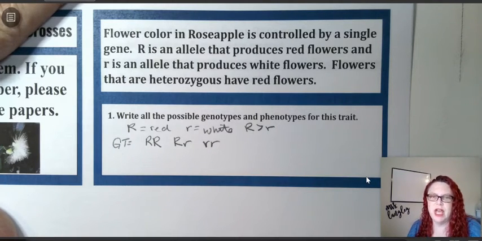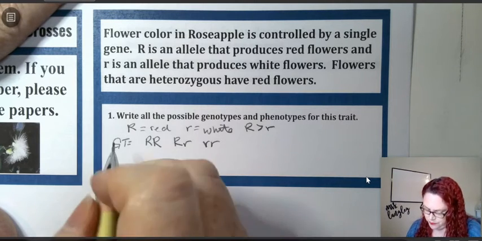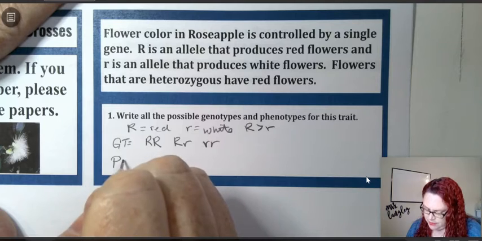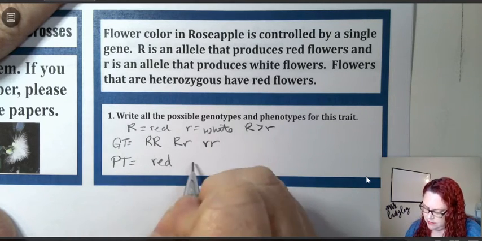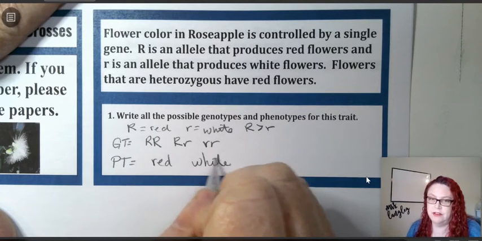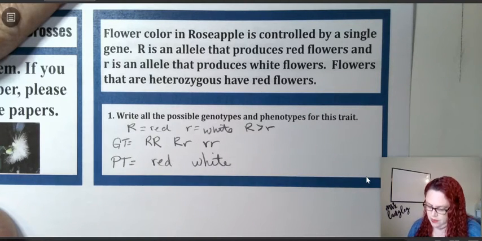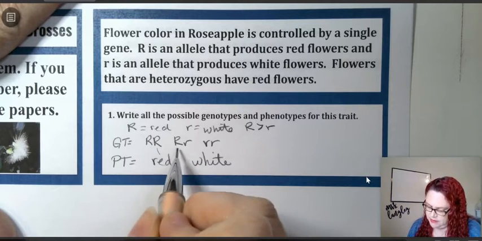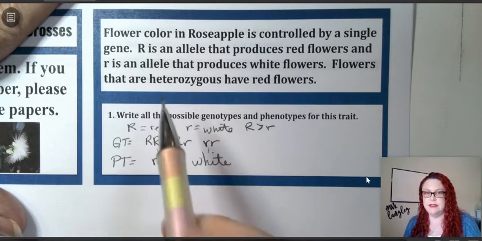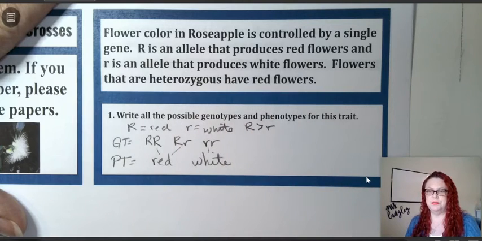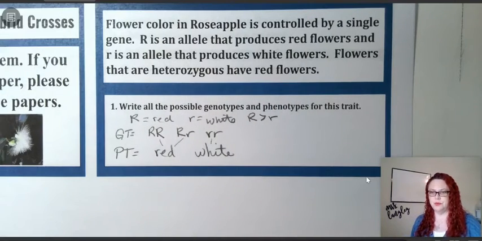Now for phenotypes, remember that our phenotypes are the physical trait or what we can test for. So our phenotypes, those are going to be red and white. Okay, now this is going to give me red, that gives me red, and that gives me white. All of this information was given in the information above.